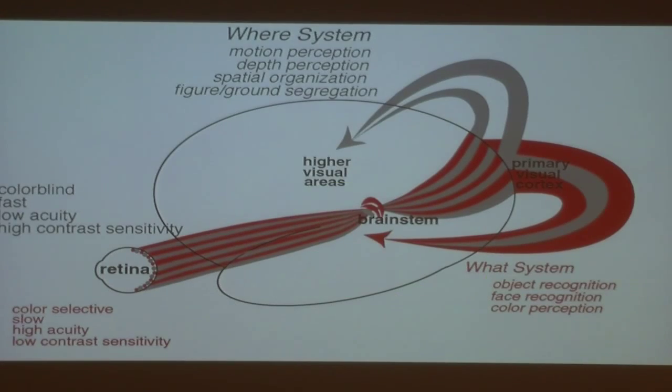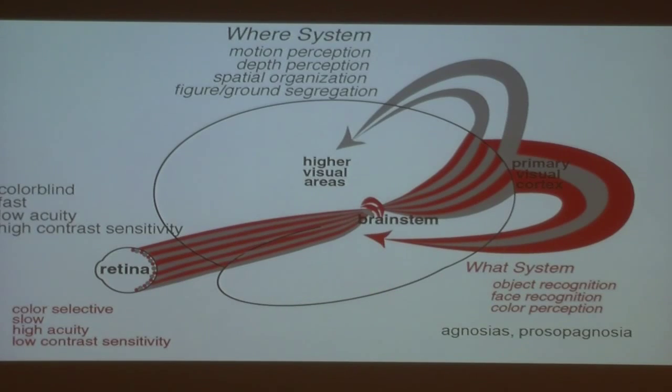So people who get lesions in the ventral part of their visual system get what are called agnosias. They can't recognize things. So they can see them, they can grab them, they can copy them, but they just can't say what they are anymore. So we call this the what system because it seems to be for recognizing what objects are.